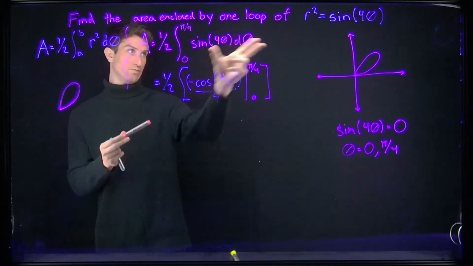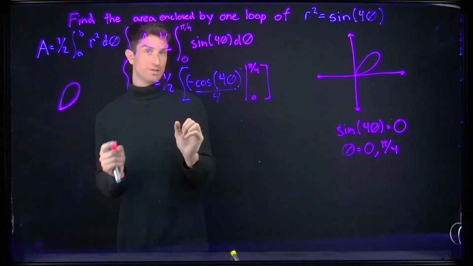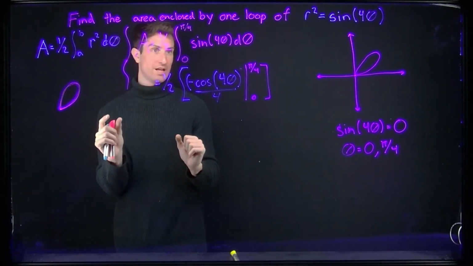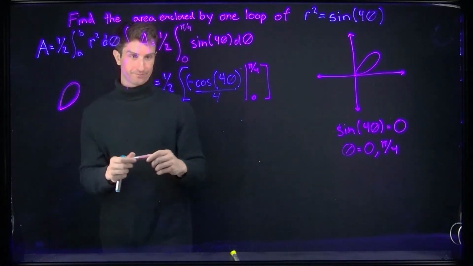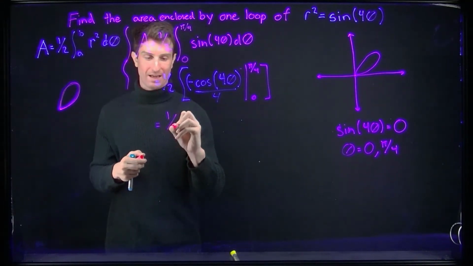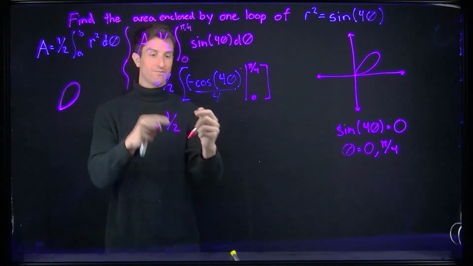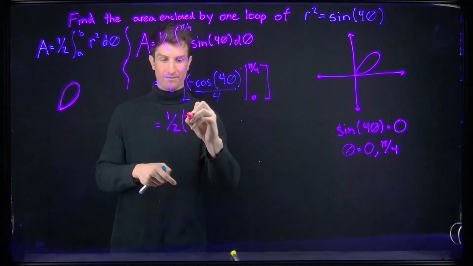All right, so knowing the radius squared, not difficult. There's no trig identities, that's given to us. We have our equation. We should have that down hopefully by now. And we just need to find the bounds. So when I go to plug in everything, let's see what happens. I have 1/2, and I'm just going to pull this -1/4 out, right? There's a negative sign there, there's a 4 there. So let's pull the -1/4 out.